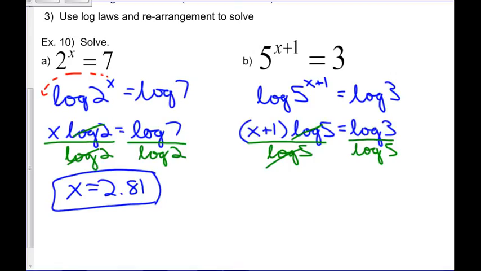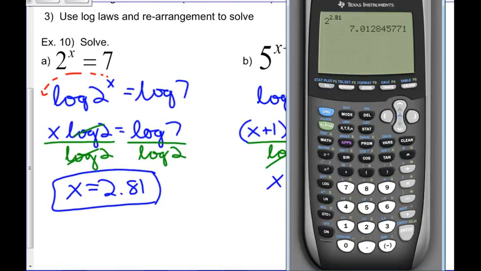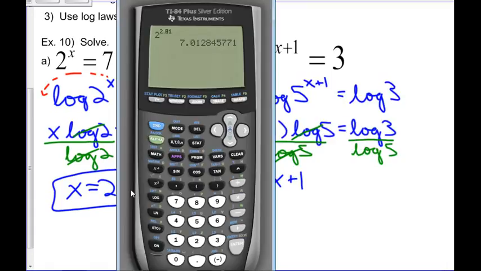And that means on the left side we've got x plus 1. On the right side, we've got log 3 over log 5. Let's figure out what that is, and we'll keep some extra significant figures. I usually like to have my final answer correct at 3 sig figs, so I'll keep more as I go along. Maybe I'll do 4 for now, and then round at the end. 0.6826.